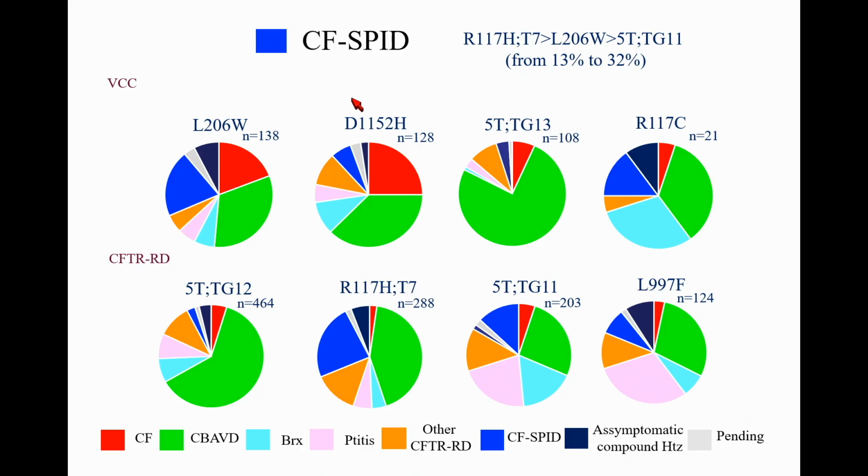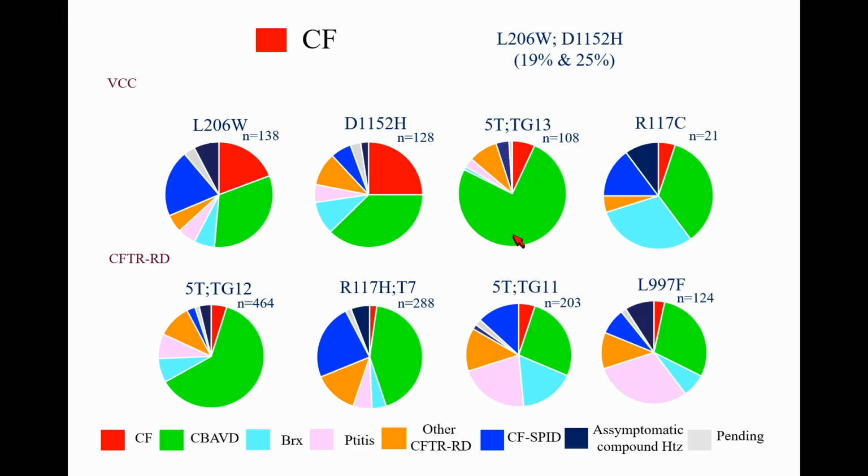When you consider here CF-SPID in blue, you can observe that it was reported with a higher frequency in trans with delta 508 for this genotype, R117H-T7, 5T-TG11, and L206W, from 13% to 32%.